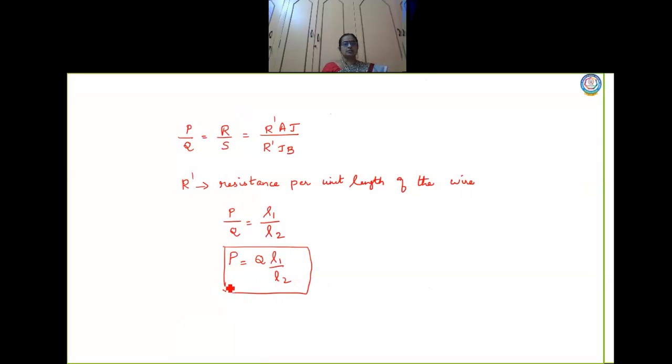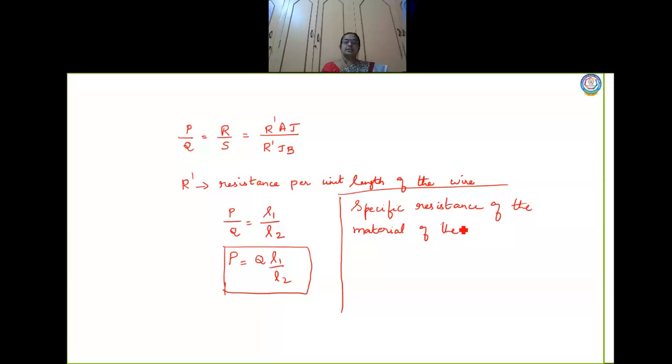And this meter bridge can also be used to find the specific resistance of the material. In fact, our aim of the experiment is to determine the specific resistance of the material of the wire. This is your experiment. How is specific resistance or electrical resistivity represented?